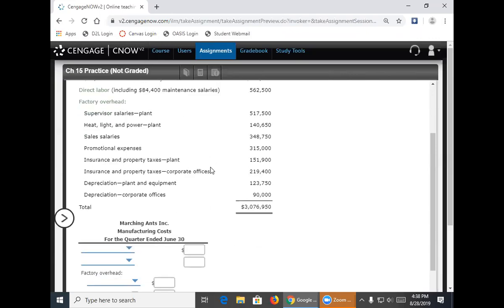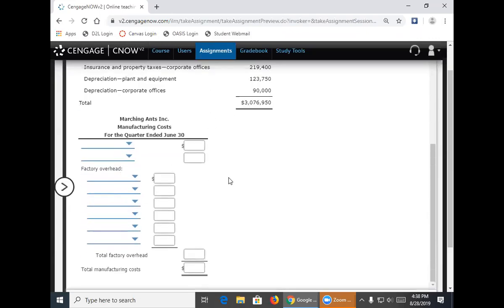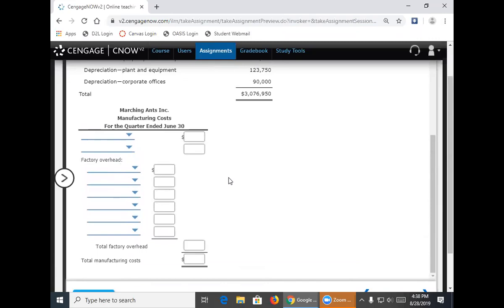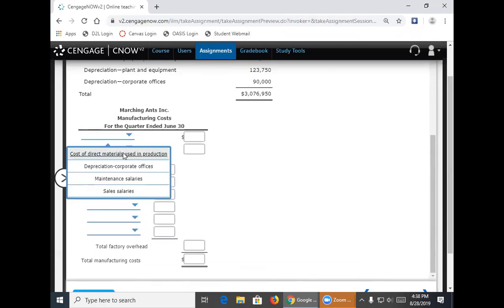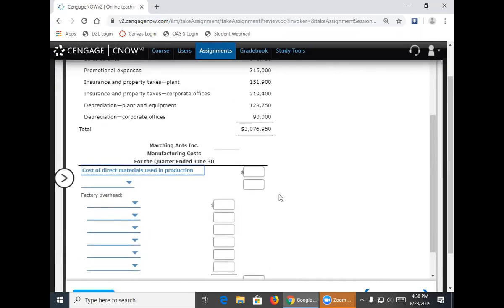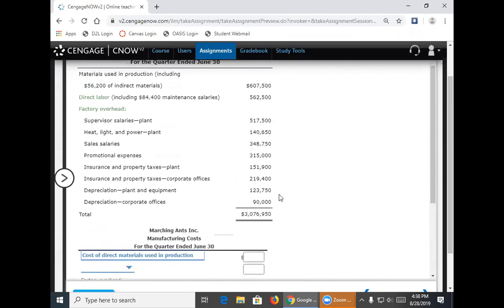If you scroll down, the format they want is the same format. They just want us to correct it. On a manufacturing cost sheet, we always list direct materials, then direct labor, then our overhead. We start with the cost of direct materials used in production. They gave us the total materials used, so what's just the direct portion?